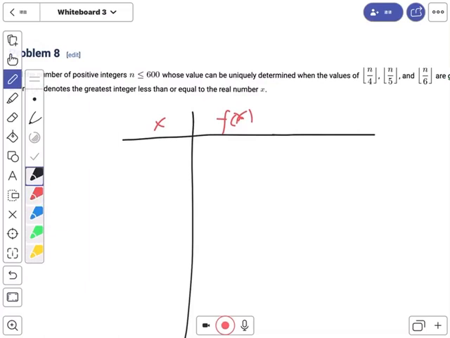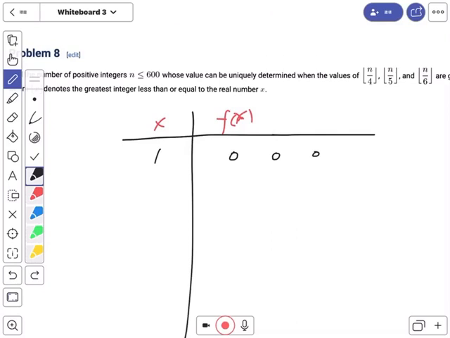First we're going to try 1. What is the floor of 1 divided by 4? Well, it's just equal to 0, and so does 5, so does 6. Notice that for all of the numbers that are less than 4, this floor value would always be 0.